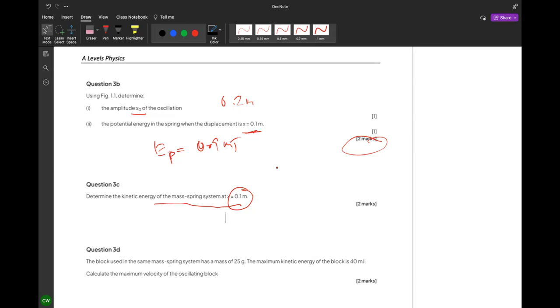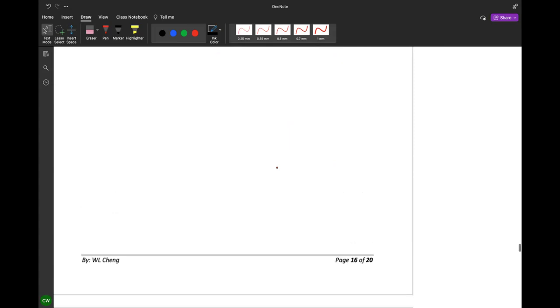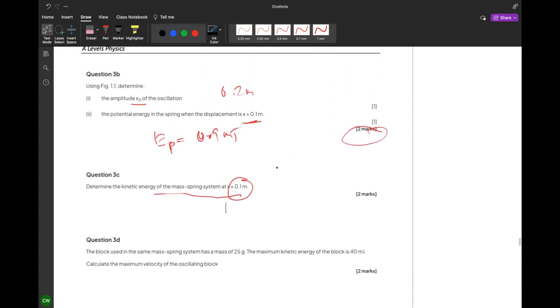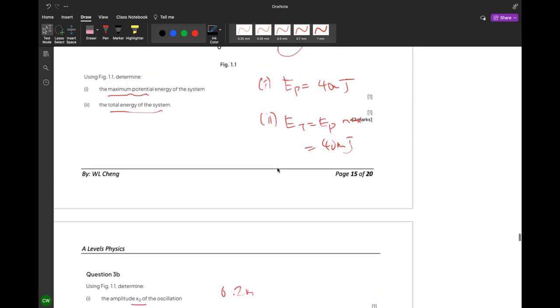What is the kinetic energy at the same point? Why 0.9?